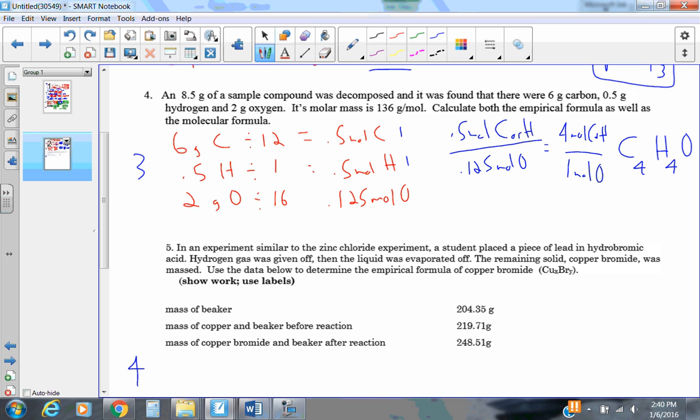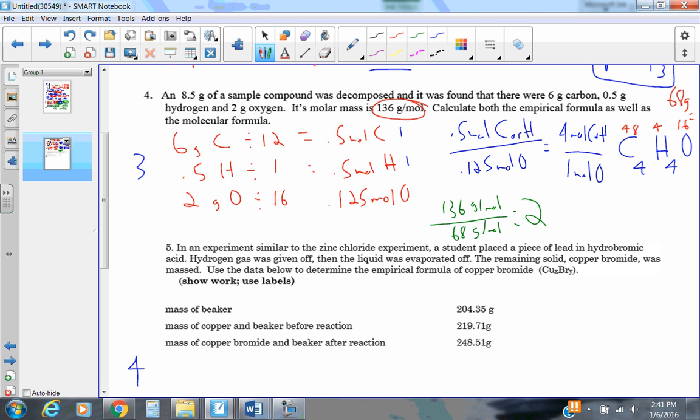If we did have a mole of that stuff, we'd have carbon, 12 grams of carbon times 4 is 48, plus 4 hydrogens is 4, plus an oxygen is 16. Add those together, it equals 68 grams per mole. But they said that the real molar mass is 136 grams per mole. How do those compare? 136 grams per mole compared to 68 grams per mole equals 2, twice as much.